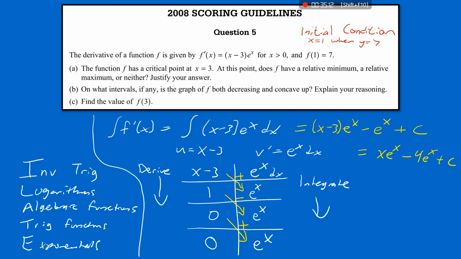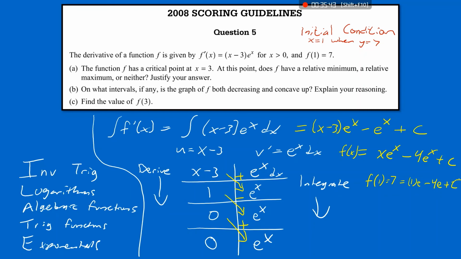Okay, I'm not quite done because I was given an initial condition, so I can solve for my plus c. x is 1 when y is 7. So if this is f of x, then f of 1 should be 7. And f of 1 would give me 1 e to the first power minus 4 e to the first power plus c.